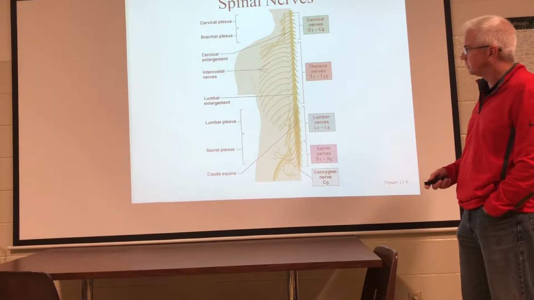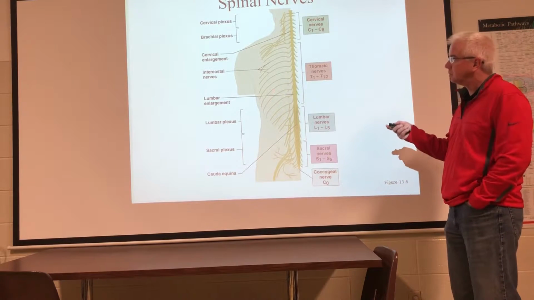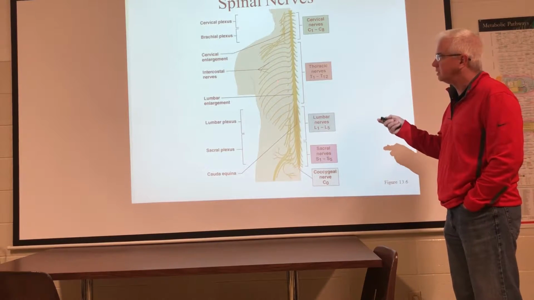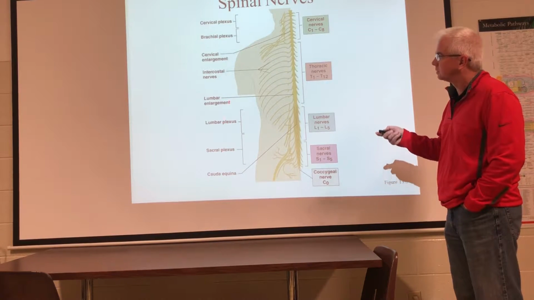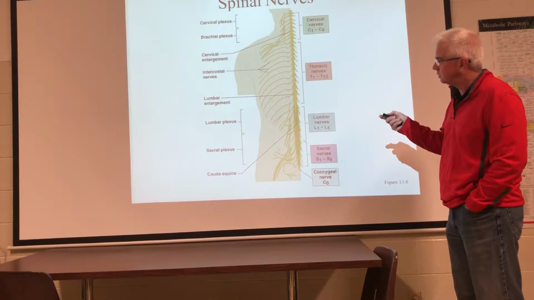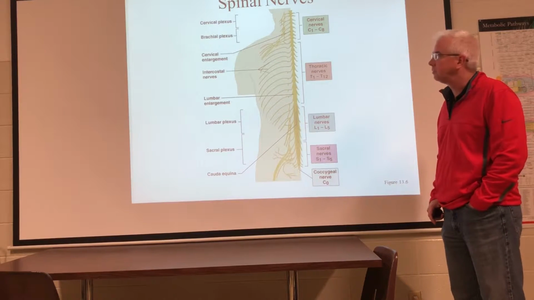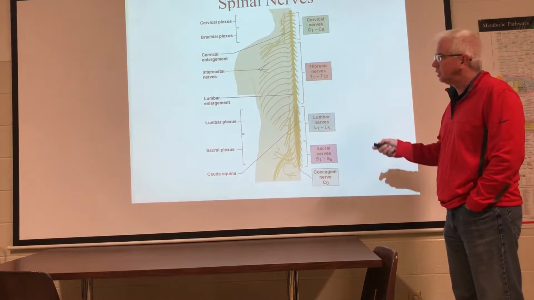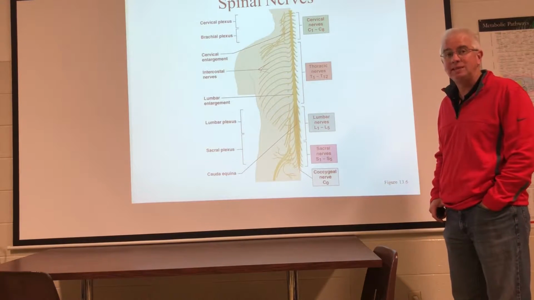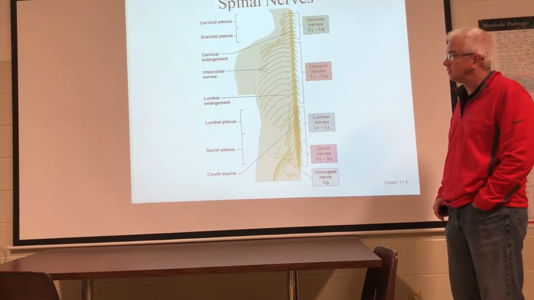Now, we'll keep backing this up. This picture labels the center portion of this phenomenon. So there's my cervical, brachial, lumbar, and sacral plexus. In the central portion of this, you can see that there are nerves that come off that do not form plexus. These are the nerves basically from T1 to T12, the thoracic nerves.